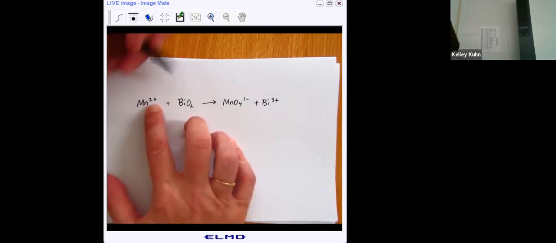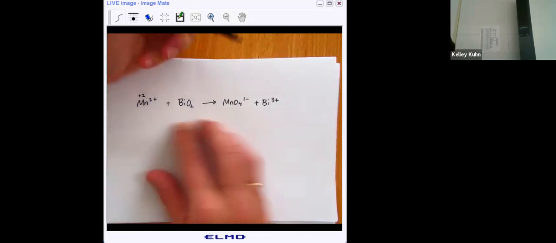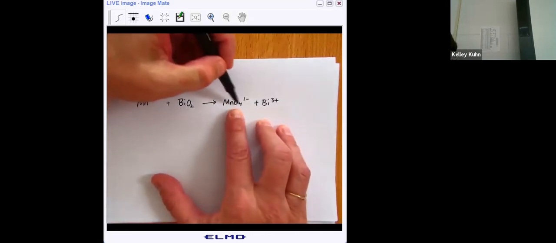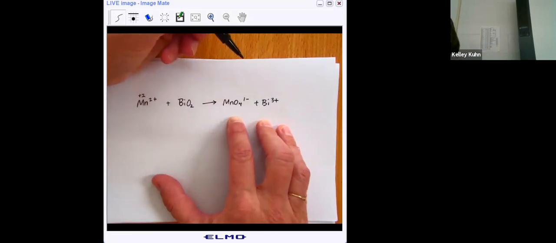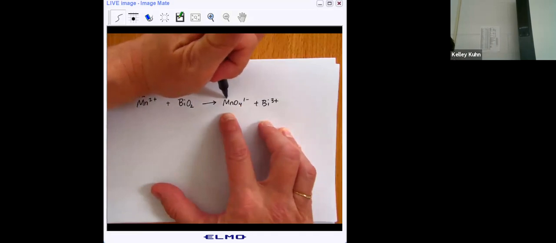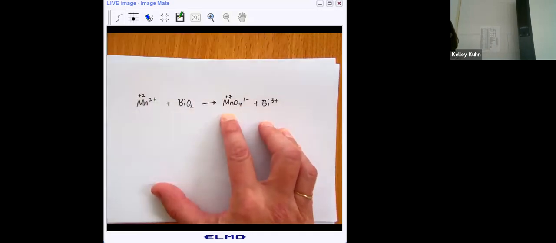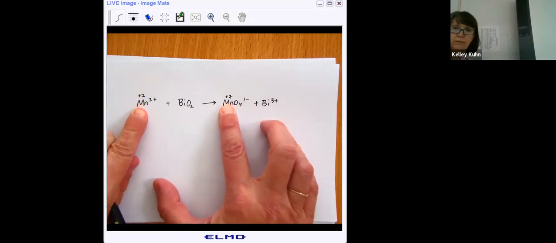So manganese is just an ion by itself, so it's +2 on this side. And manganese over here, well, oxygen, I've got 4 -2s, so that would be -8. So in order to get back to -1, this manganese must have an oxidation number of +7. So you can see how manganese went from +2 to +7.